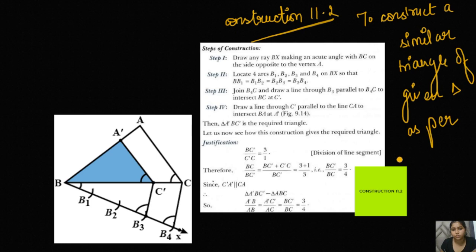This is your given statement for this construction. You can have a look at this statement and understand what it means, and then I will tell you how you can draw it. This is the statement for construction 11.2.